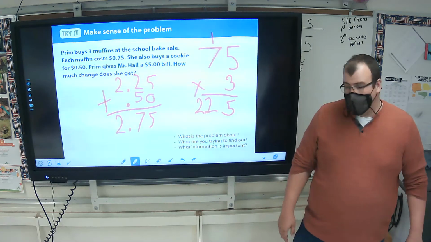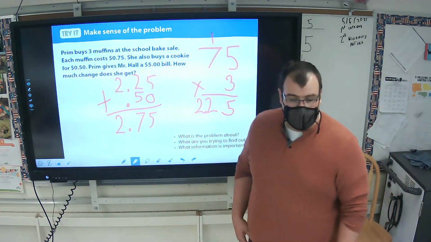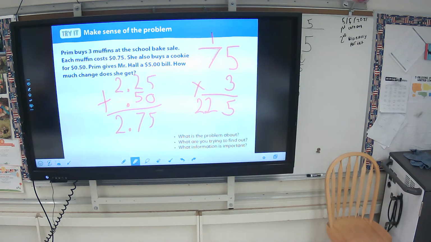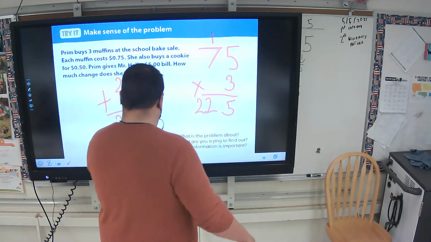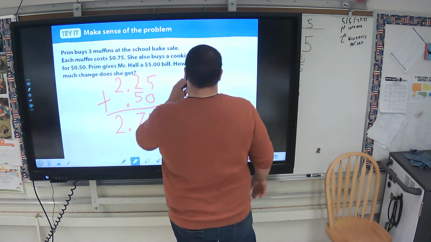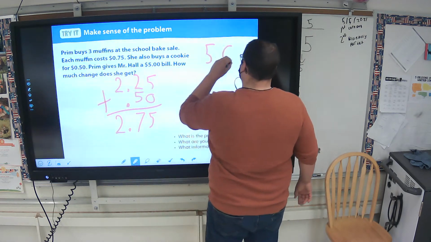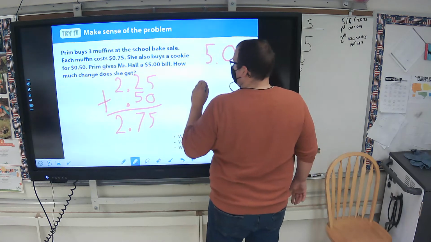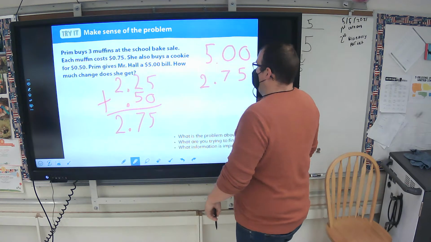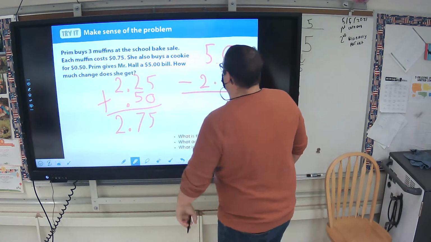$2.75. Is that what it's asking us for, though? No, it's asking us for the change that she got back. So then we have to take $5 and subtract it, right? So we're going to take $5 and subtract 2.75, right? When I subtract with decimals, do I still have to borrow?